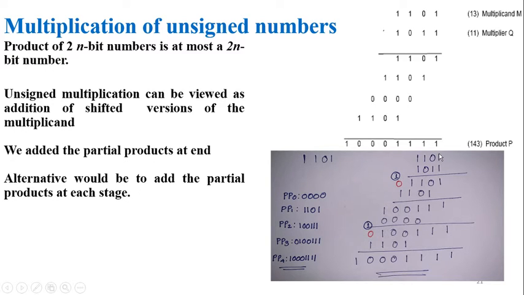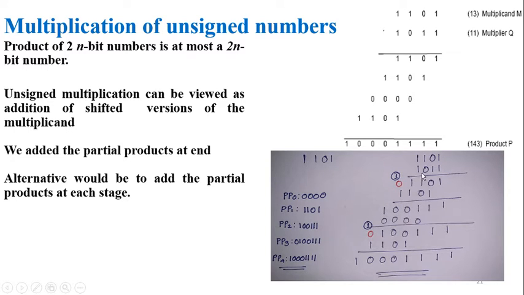Because both the multiplicand and multiplier are positive numbers, so each partial product value should be positive. So the sign extension should be 0 in each of the partial product cases. Okay, so here add this 1 plus sign extension 0 plus the carry value 1 and generate 0 carry 1. So just write down this carry here.